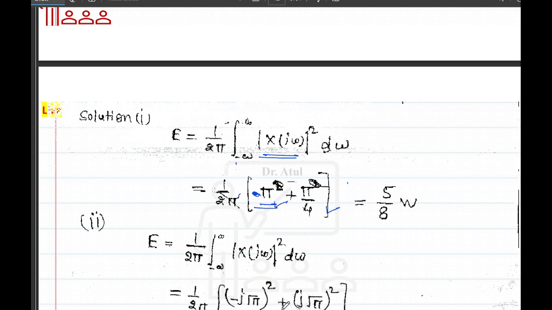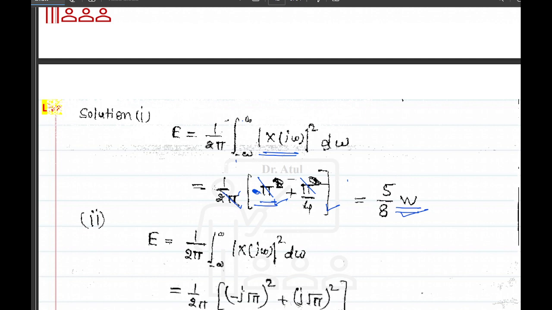So pi and pi by 4, times 1 upon 2 pi. So this will become 5 pi by 4 over 2 pi, so pi and pi cancel, and it will become 5 by 8 watt. So the total energy will be 5 by 8 watt.